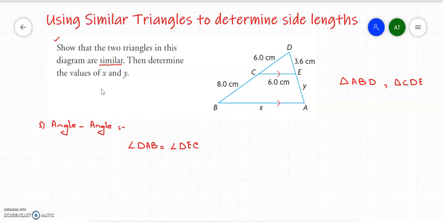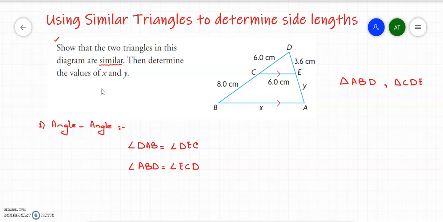The angle DAB is similar to the angle DEC, and the other angle, the angle ABD, is the same as the angle ECD. So the angle ABD and the angle ECD are similar.